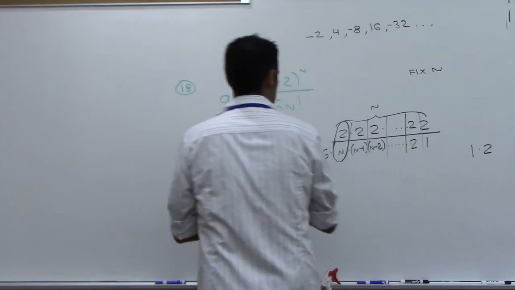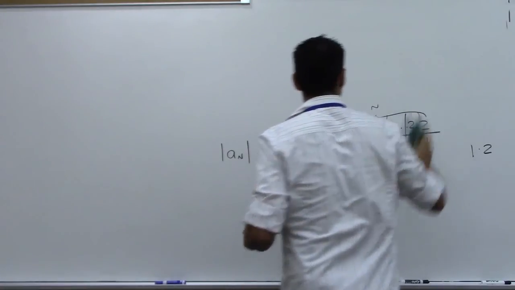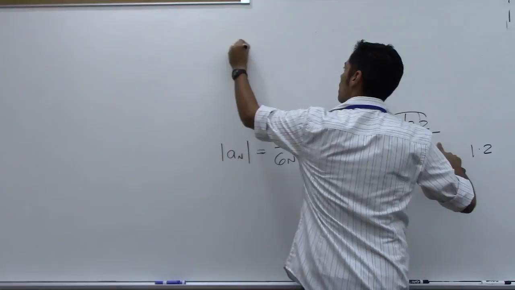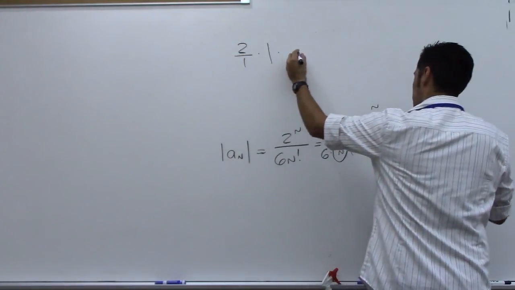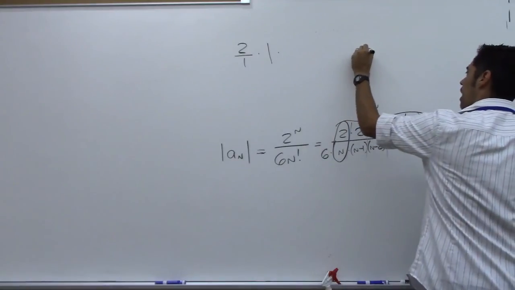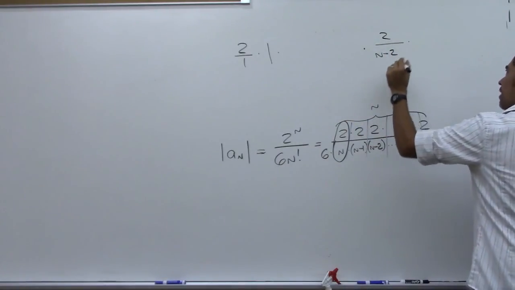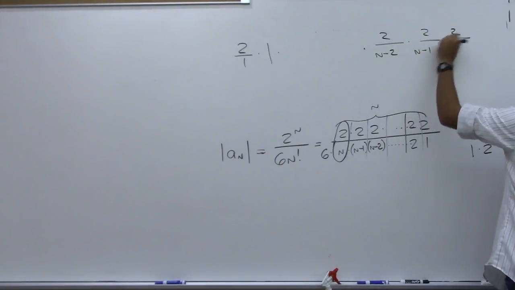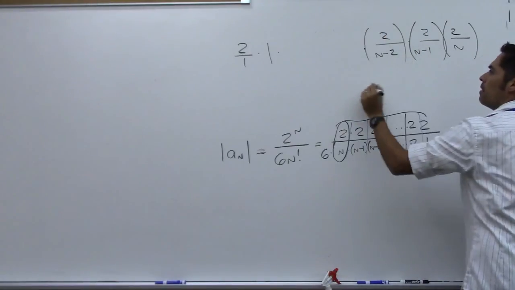Let me see if I can write this another way. I think it'll be easier if I swap it up. Let me rearrange things. I'm going to flip the whole thing over. So I'm going to put the 2 over 1 in the front, and then the 2 over 2, which is 1, times, and then at the back I've got 2 over n minus 2, and then 2 over n minus 1, 2 over n. So I'm looking at each of these here.